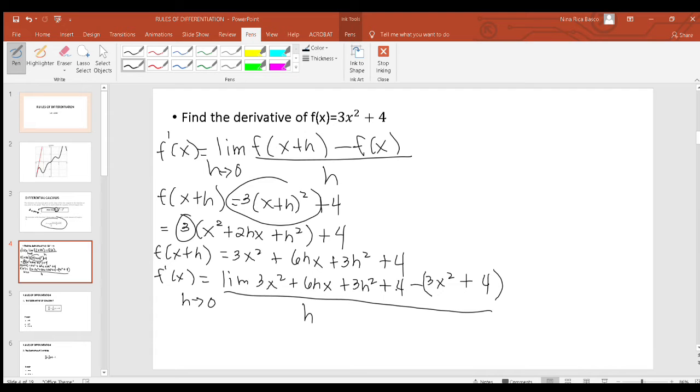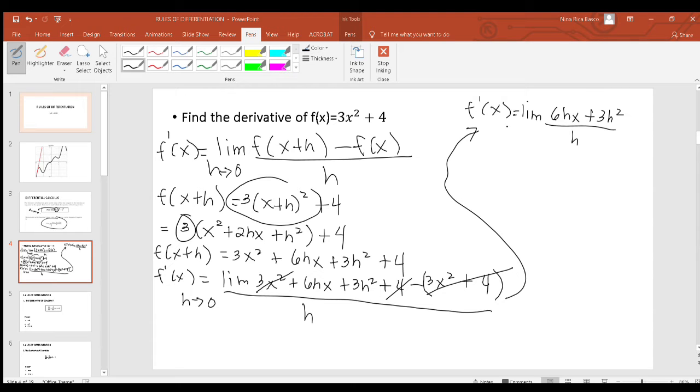Since i-minus natin itong 3x squared plus 4 sa 3x squared plus 4, we can omit these two terms. Bale, ang kalalabasan niya is f prime of x equals to limit of, ang maiiwan dito ay 6hx plus 3h squared over h as h approaches to 0.